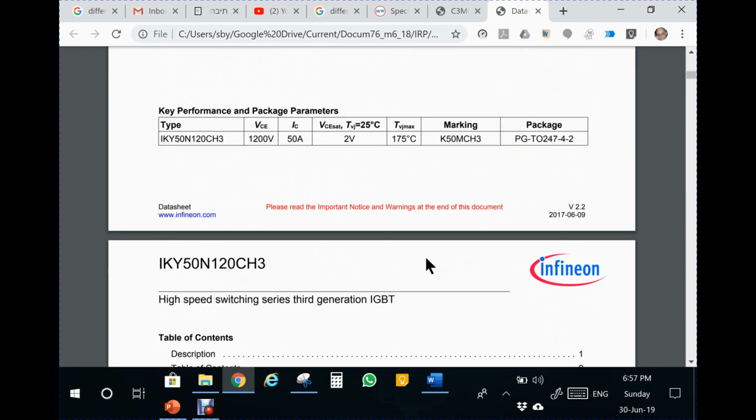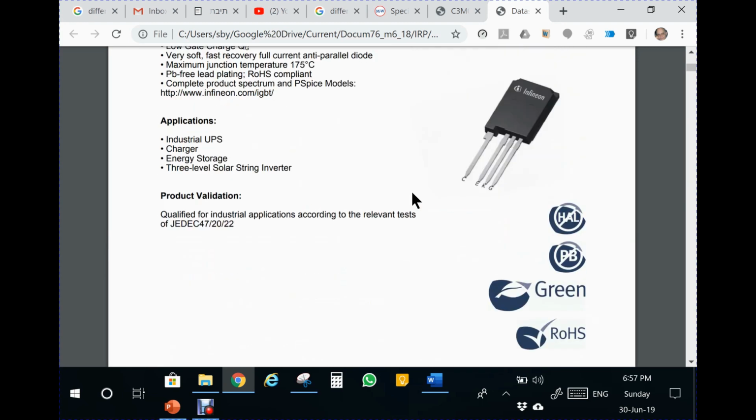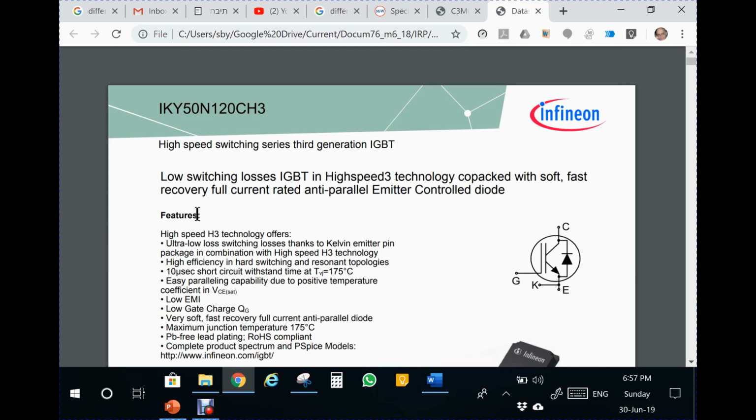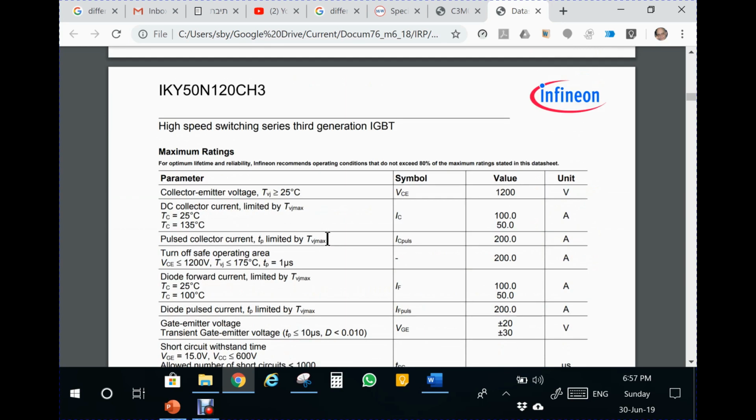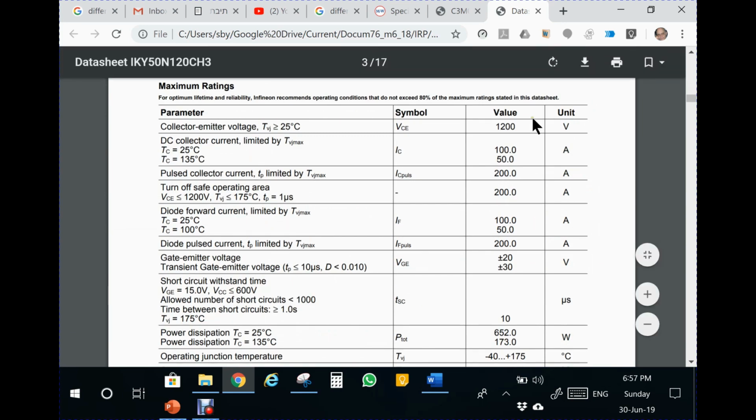So we are talking about an IGBT that has a current of 50 amp, and this is again a 1200 volt device. Let's have a look at the maximum value: 1200 volt, maximum current of 100 amp, and we have the 50 amp at 135 degrees.